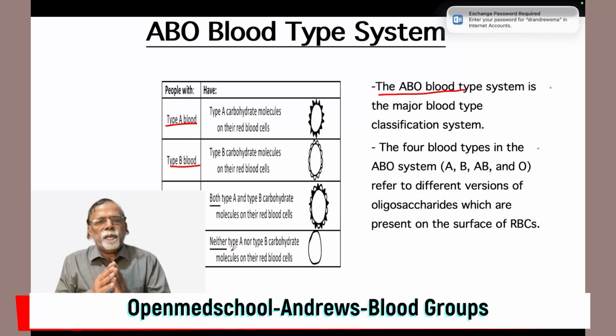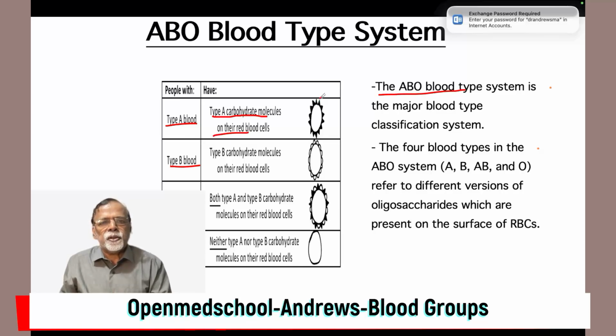So type A blood or A group means A type of molecules are present on the red blood cells. So the antigen on A blood group is A antigen. Likewise in the B type of blood it is the B antigen, and in the AB type both types A and B, both types of antigens are present.